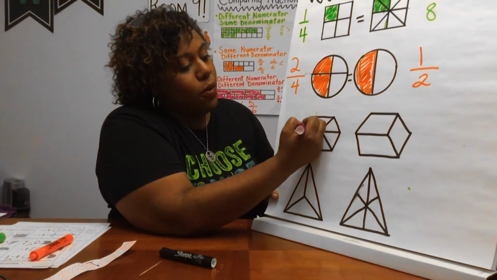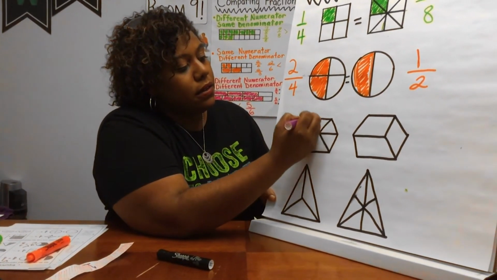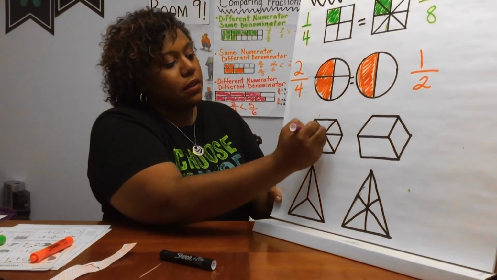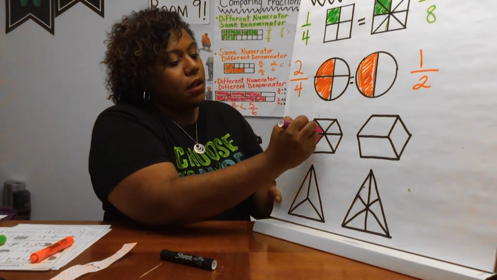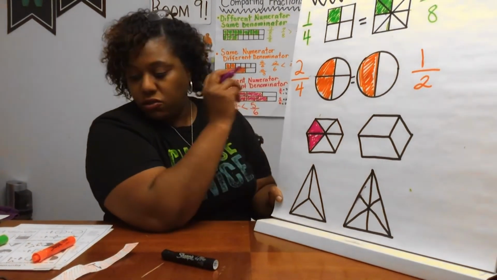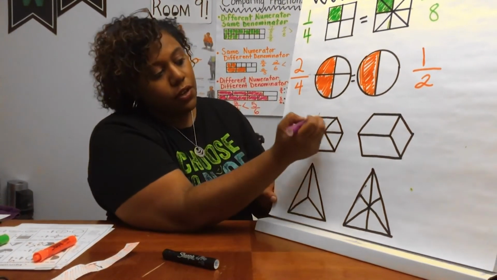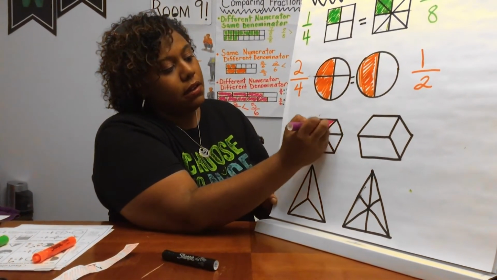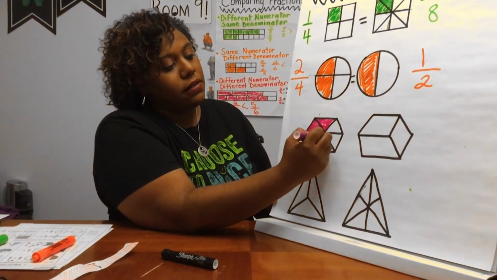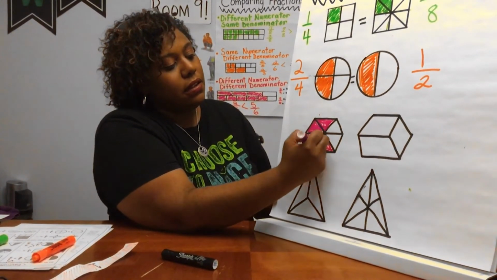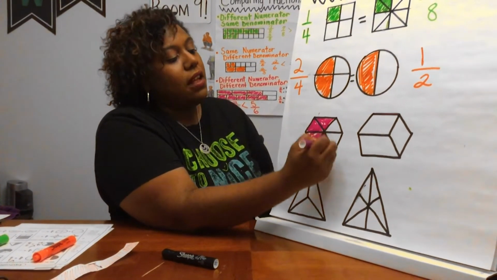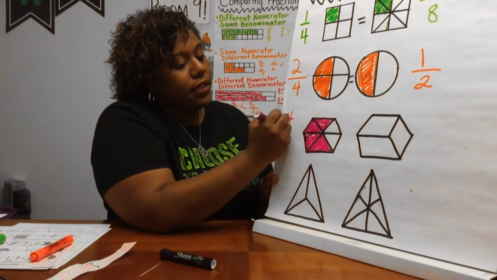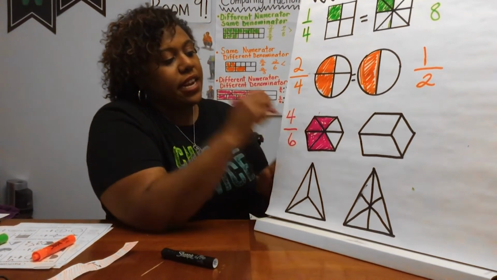Okay. 1, 2, 3, and 4. Okay, so 4 parts of the 6 are shaded.